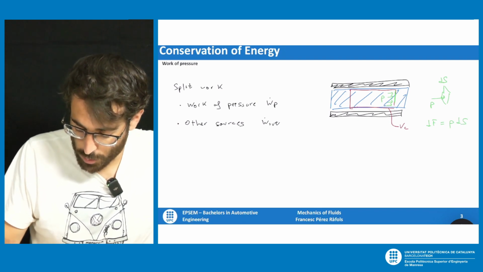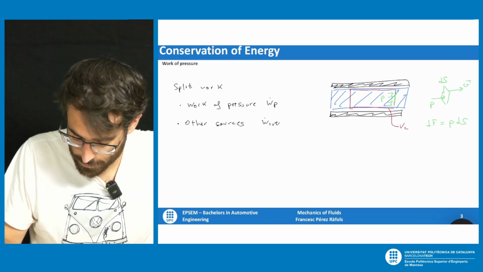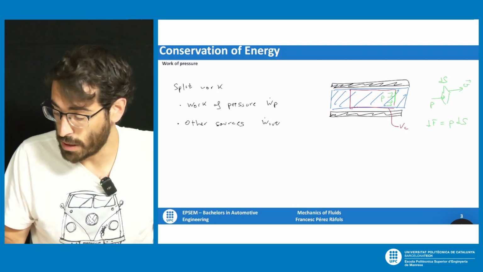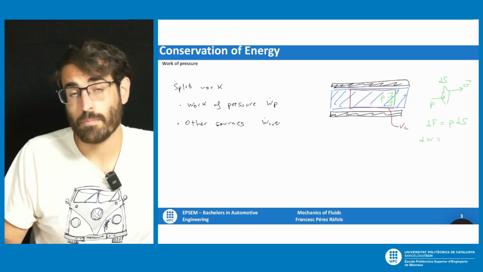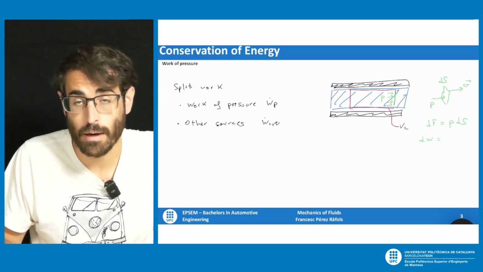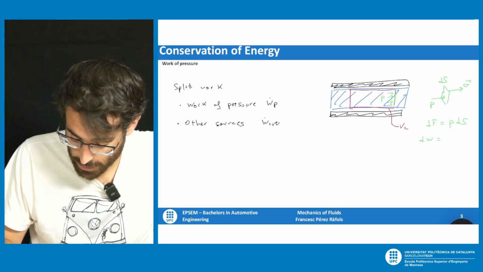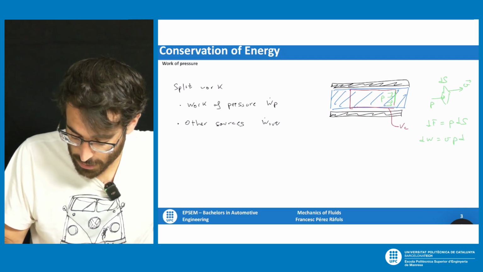But this is also moving at a certain velocity. So we can consider the work done. We'll have that there is a small amount of work in this small surface that's going to be this velocity times P times dS.